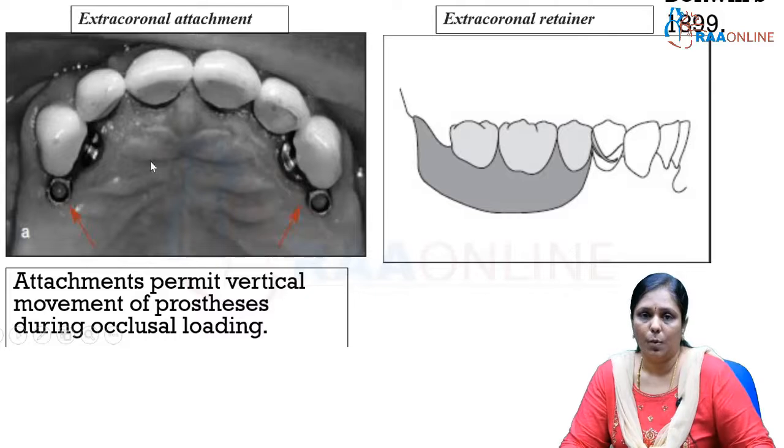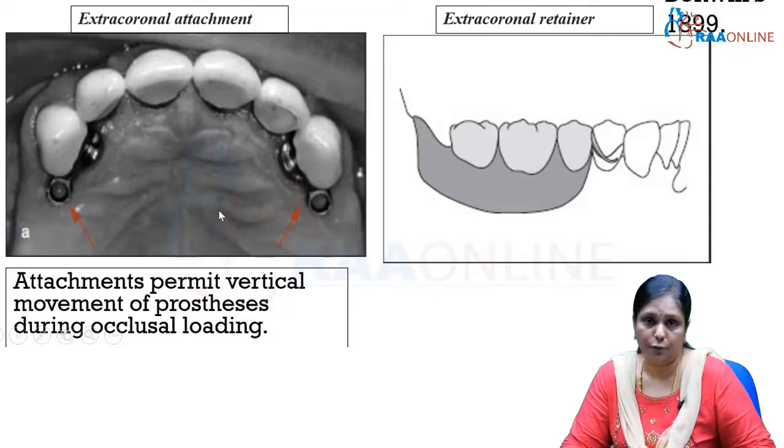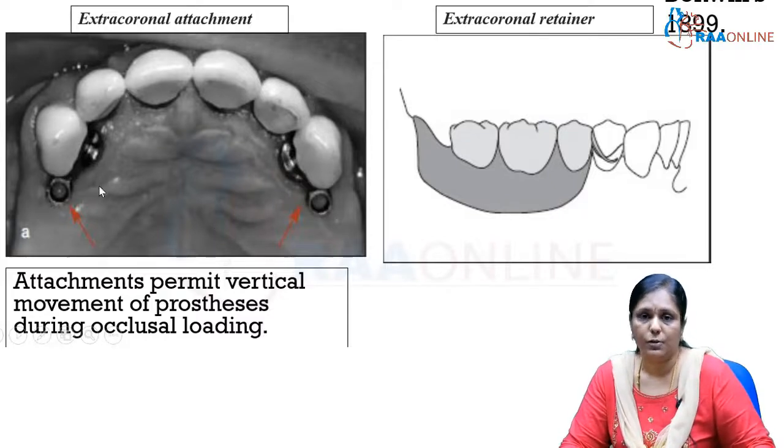But another way to avoid dislodgement due to the rotational force is to give a stress breaker or stress director in the form of an extracoronal attachment, so that the force is equally dissipated or vertically transmitted to the remaining abutment teeth and also to the remaining tissues. So that is the concept behind the extracoronal retainer as an attachment.